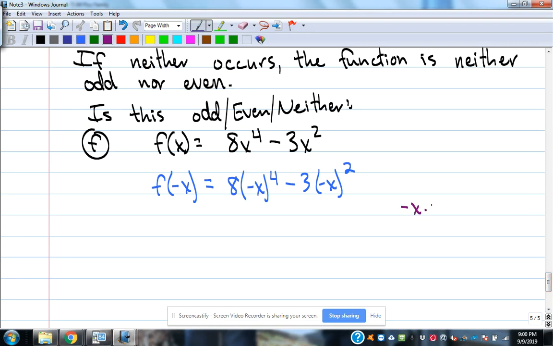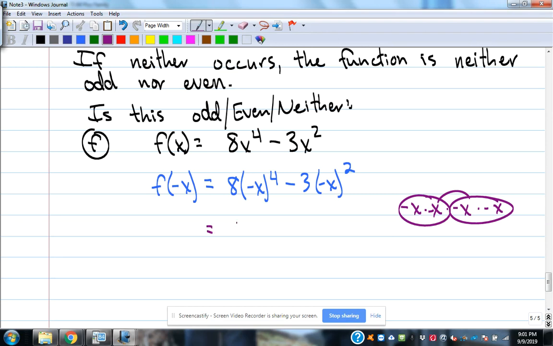It means negative x times negative x times negative x times negative x, right? What does that equal? A positive number. Why is it positive? Because negative times negative. All right, so a negative times a negative, these two become positive. And then if I multiply those two together, they become positive. And then when I multiply those two together, it's positive times positive now. So it's a positive answer.